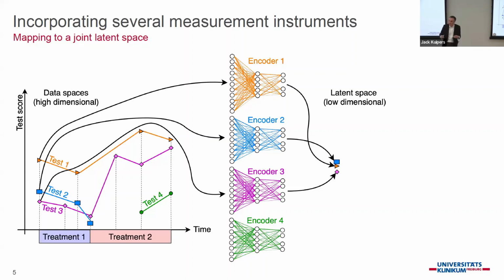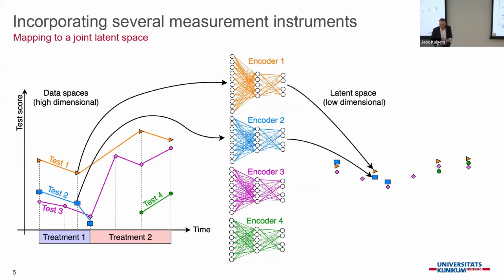And we say this representation that we learn should somehow reflect this, abstract away from the peculiarities of the measurement instruments and say, yes, what we have there now is in essence the motor performance of the patient. And then this also works when we only, for example, have 2 of these measurement instruments.